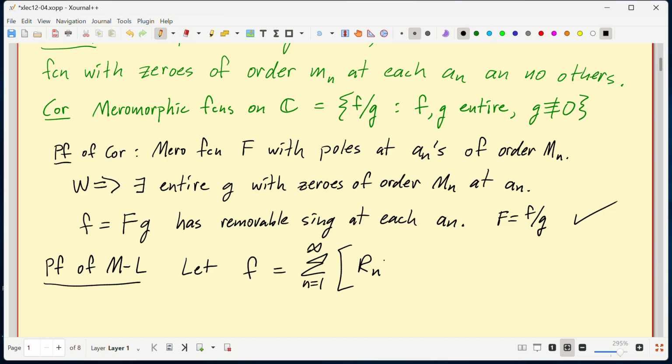But there's no reason those would converge. As the a_n's go to infinity, those r_n's get small, but it's not clear they get small fast enough to be able to add them up. Sometimes you can. Sometimes that gives you a solution. Sometimes it doesn't. But Mittag-Leffler's brilliant idea was to make a correction here so that these things would converge, and these things here are going to be polynomials.